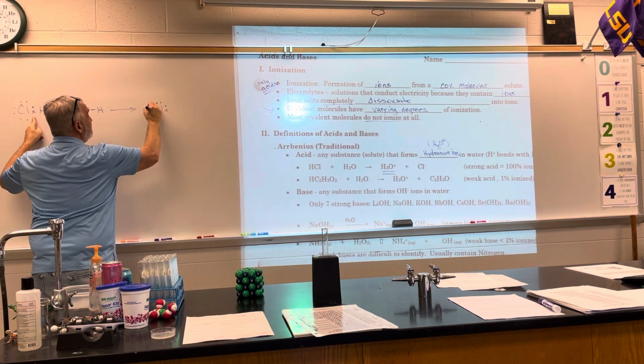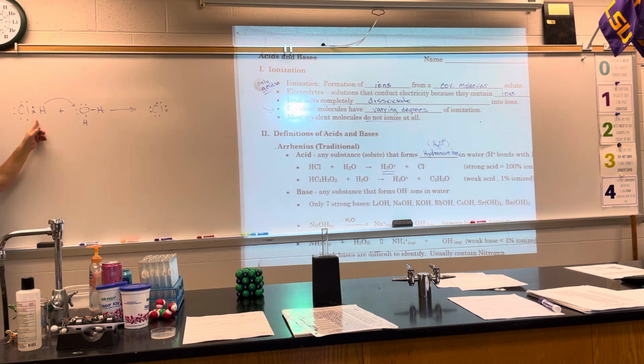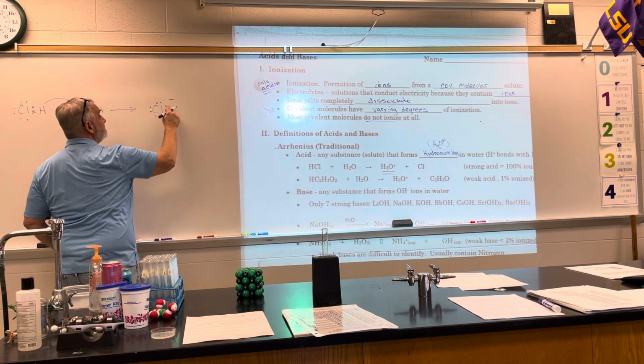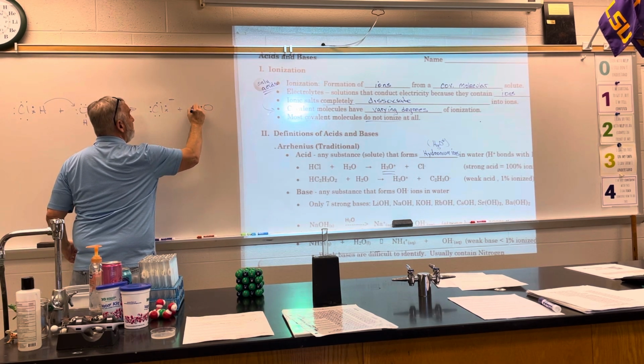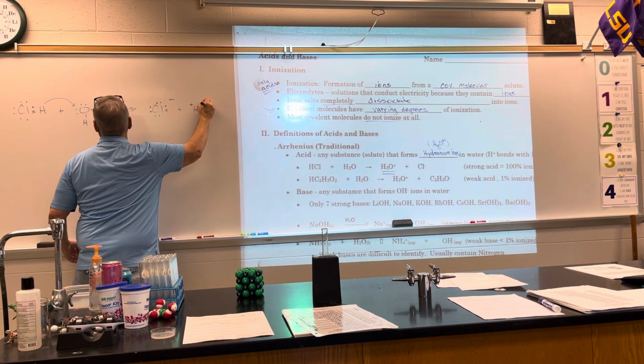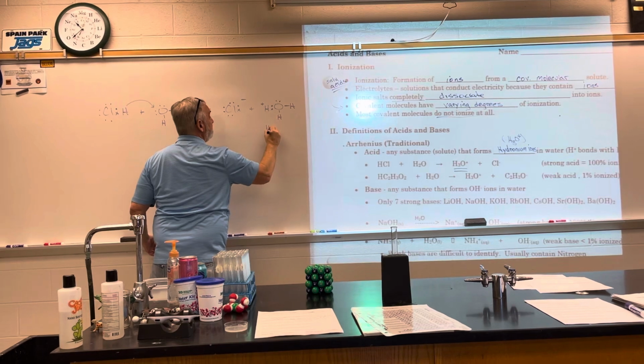Now an electron's an electron's an electron, so there's no real difference between these electrons. I'm just putting an X to show where it came from. So hydrogen's electron is no different than a chlorine's electron. We've learned that. But this is going to be minus because now it has an extra electron, but the water is donating the pair of electrons, and I get my hydronium ion.